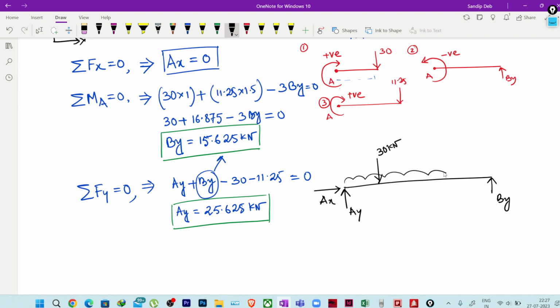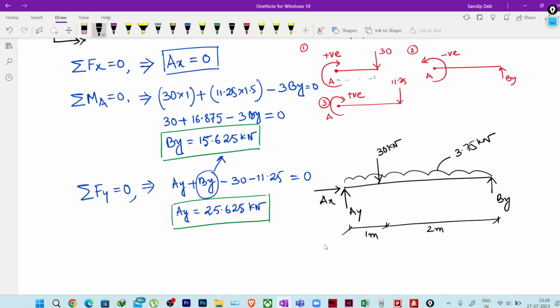I have a uniformly distributed load acting, 3.75 kilonewton per meter, for which the equivalent load is here. So now this equivalent load is not required, let it be. Okay, and then this is acting at 1 meter and this is acting at 2 meters.